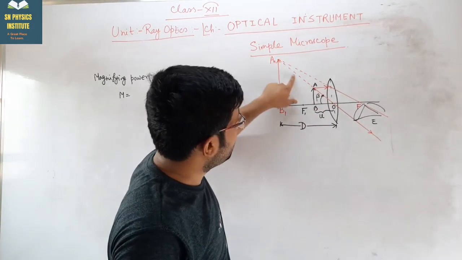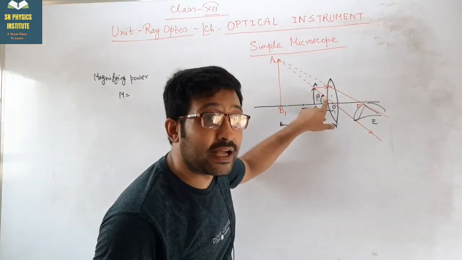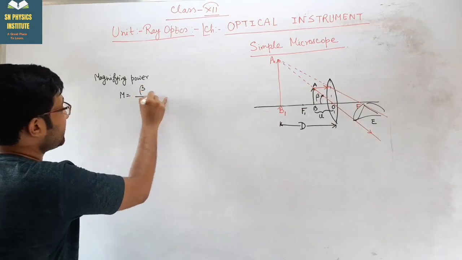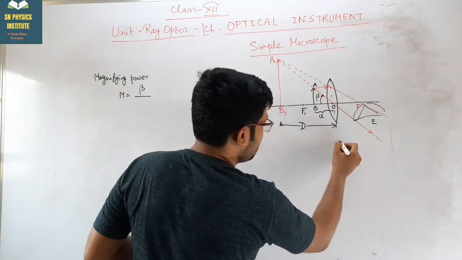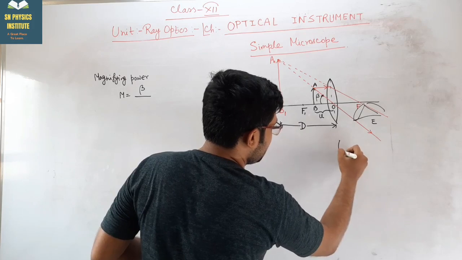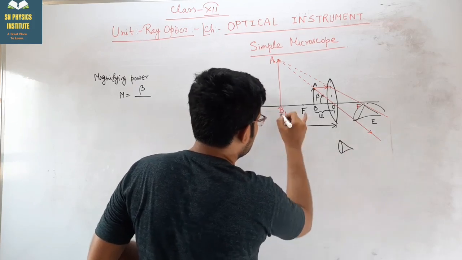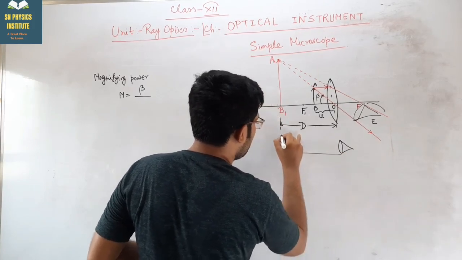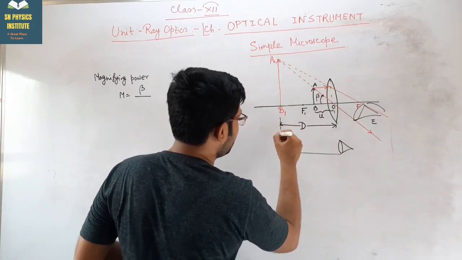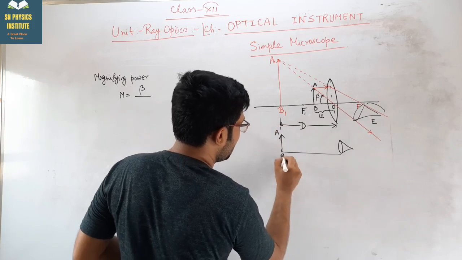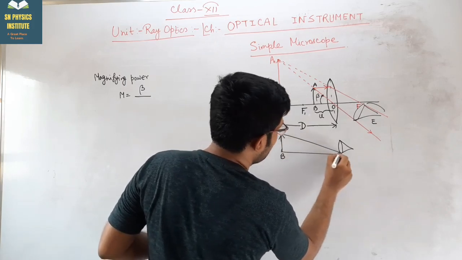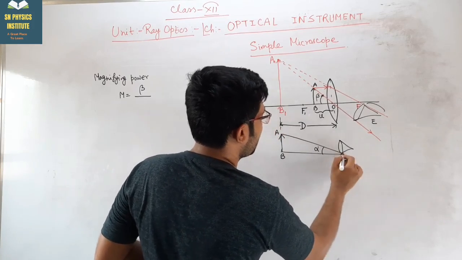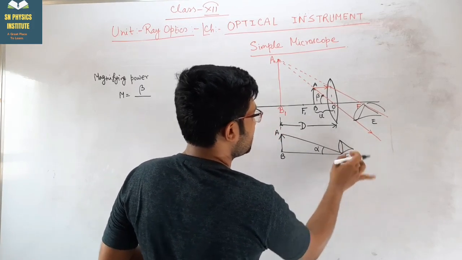So it is subtending how much angle at our eye? Beta angle, right? So this is beta. If our eye is here, and at the same distance we keep the object AB, how much angle will it make?